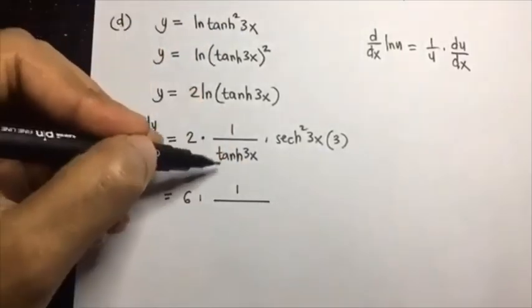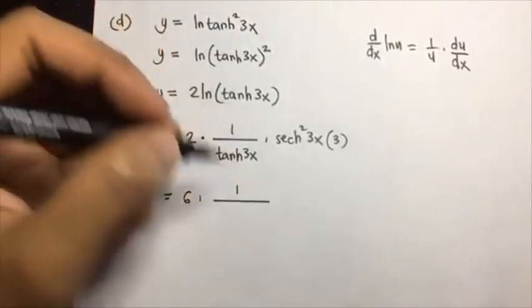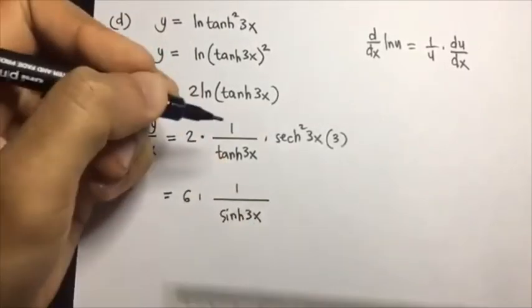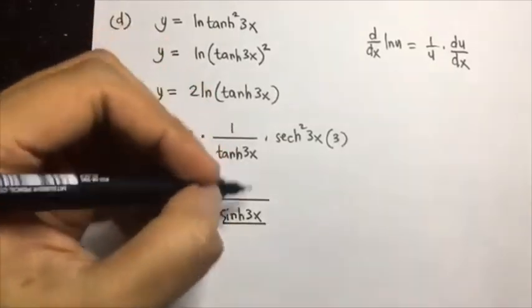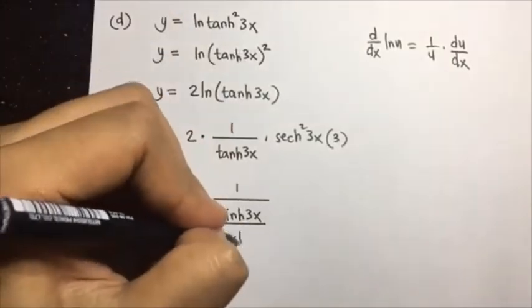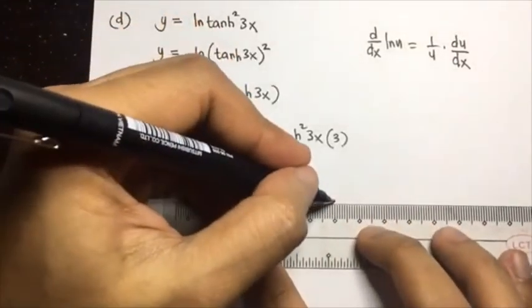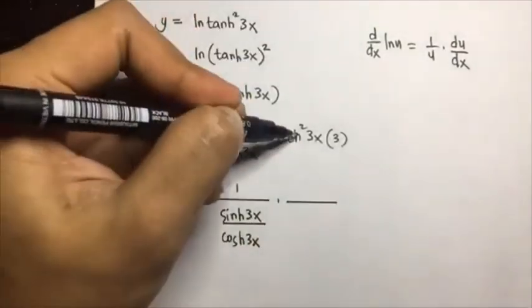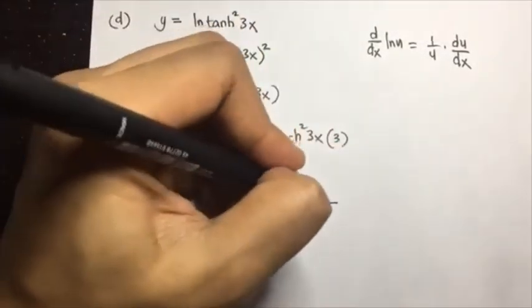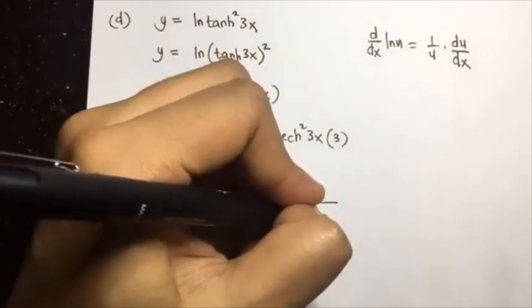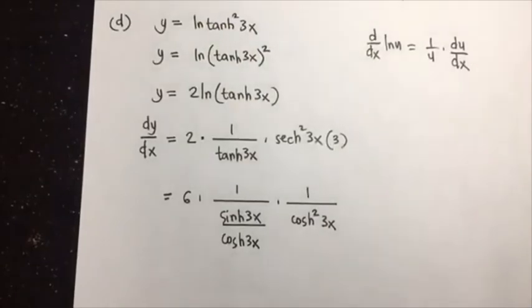So 1 over hyperbolic tangent of 3x, that is hyperbolic sine of 3x over hyperbolic cosine of 3x, multiplied by hyperbolic secant squared of 3x, that is 1 over hyperbolic cosine squared of 3x.